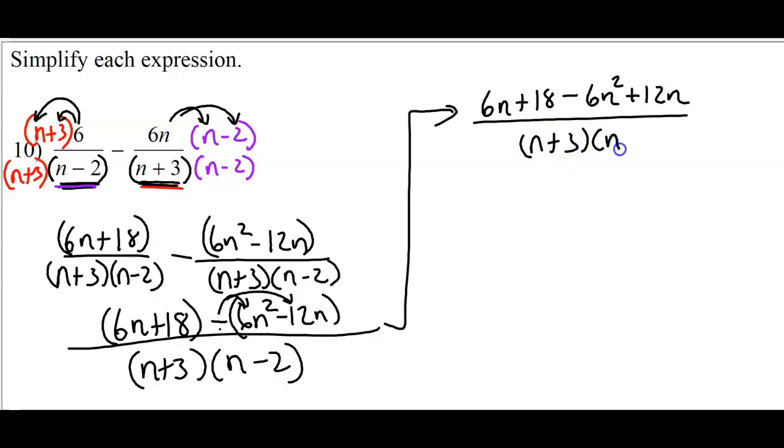Changes the signs. And we're just going to go ahead and combine like terms. So the 6n and the 12n can go together. The 18 has nothing to combine with. And then the negative 6n has nothing to combine with.